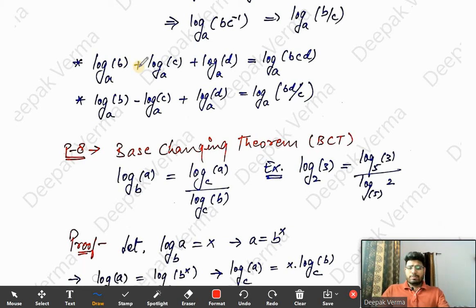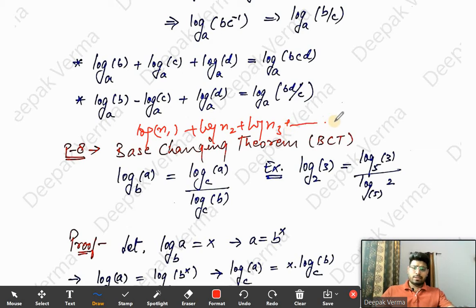What I am saying is log n1 plus log n2 plus log n3 plus like this, plus log up to n terms.